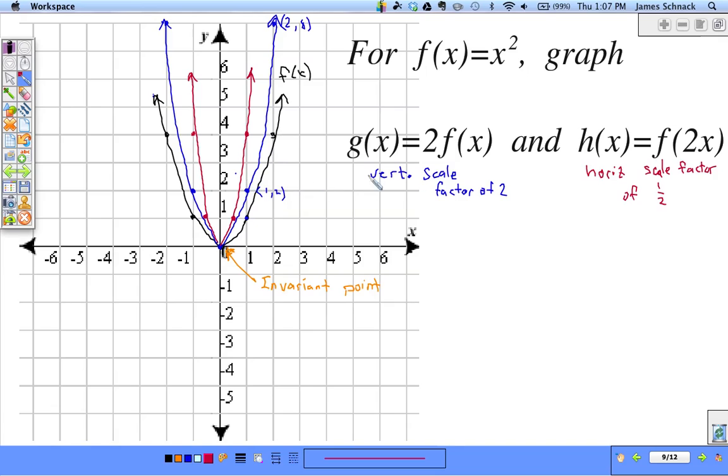However, it depends on how the function is written on what we're going to identify it as. So this is a vertical expansion with a scale factor of 2. This would be a horizontal compression with a scale factor of 1/2.